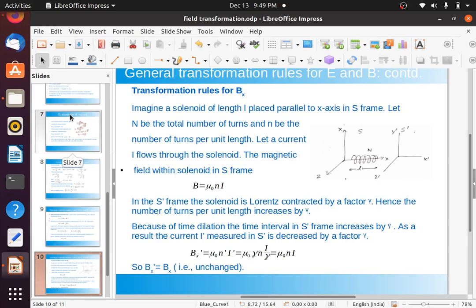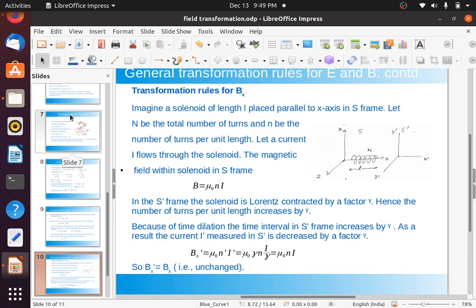Because the length gets contracted, the number of turns N will remain the same. The number of turns is not going to change due to relative motion. But the length changes, and that causes an increase in the value of n. The new quantity is small n dash. The number of turns per unit length increases by a factor gamma.